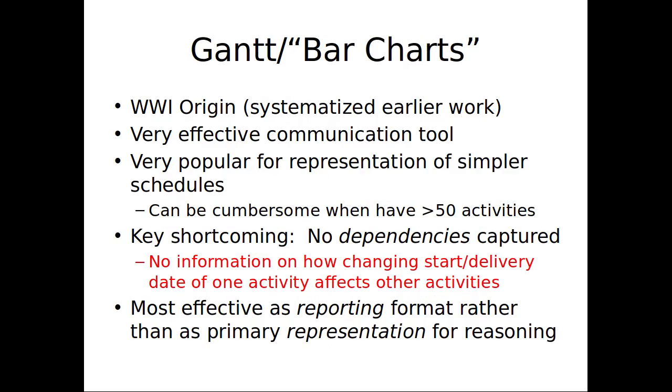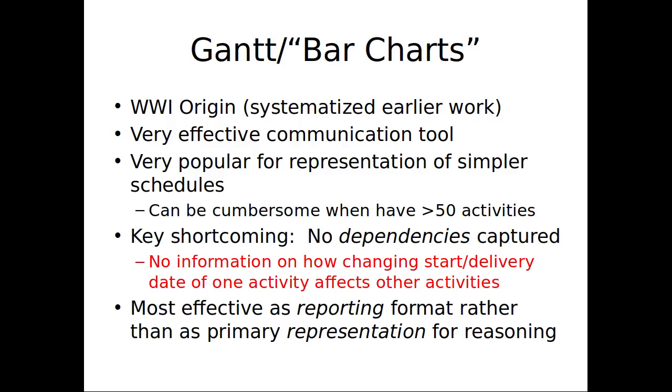Okay. So I want to talk, and I spend most of my time at a quantitative level on the scheduling tasks. I want to introduce two extraordinarily common constructs that are used for scheduling. The first of them is something called bar charts or Gantt charts.